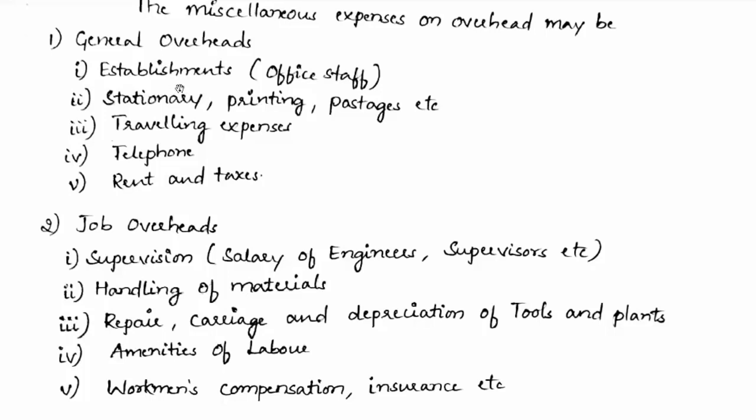For that establishment, you may charge extra. This will come under general overheads. When you have offices, you require an office boy and other staff. Then you require stationery, printing and postage charges, traveling expenses, telephone charges, rent and taxes. So this will come under general overheads.